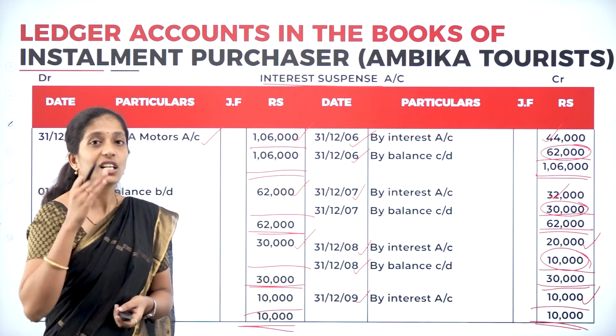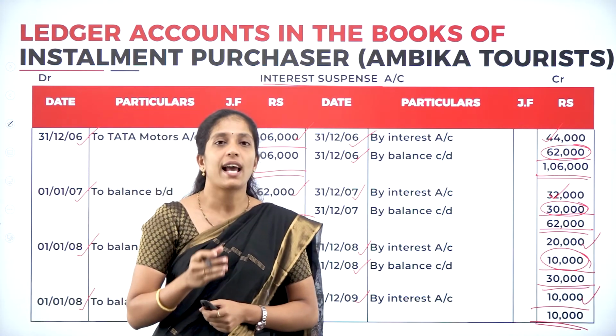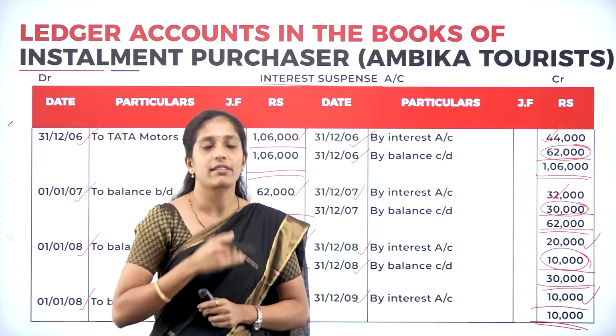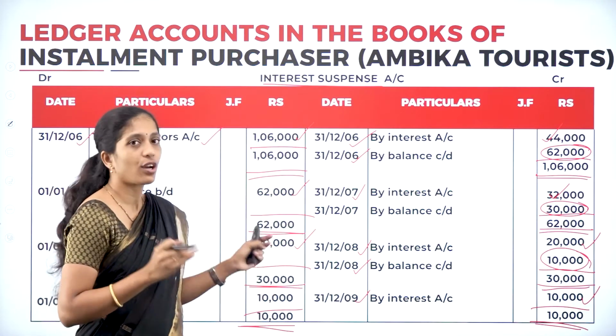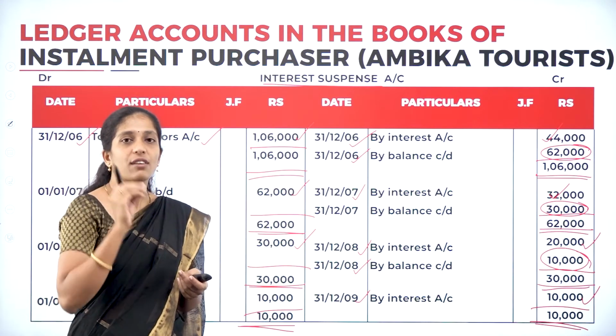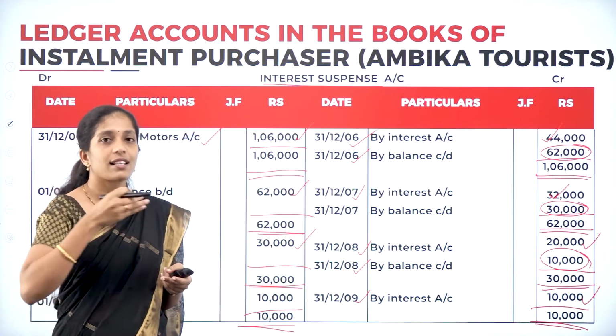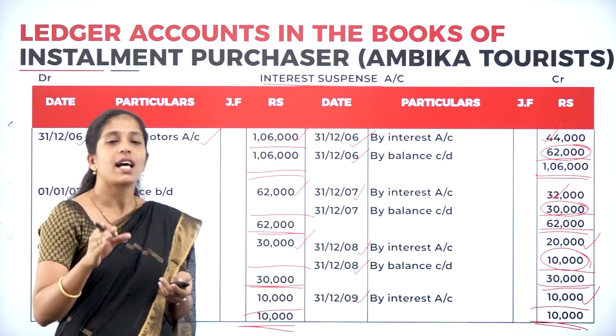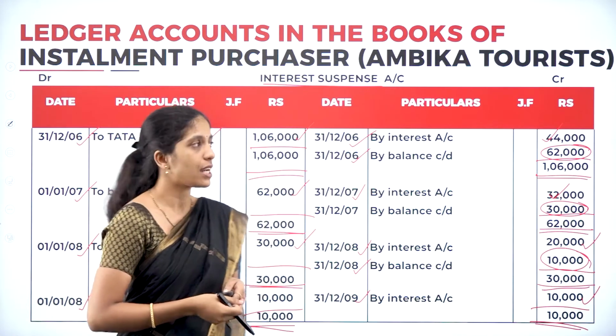So here under interest account, you will have in the first year an entry while purchasing of asset. Next is for interest due. In all the remaining years you are recording an entry only in case of interest due, and the balancing figure has to be carried on. In the same way, it goes on continuing till the last year, where both the sides will be equal.